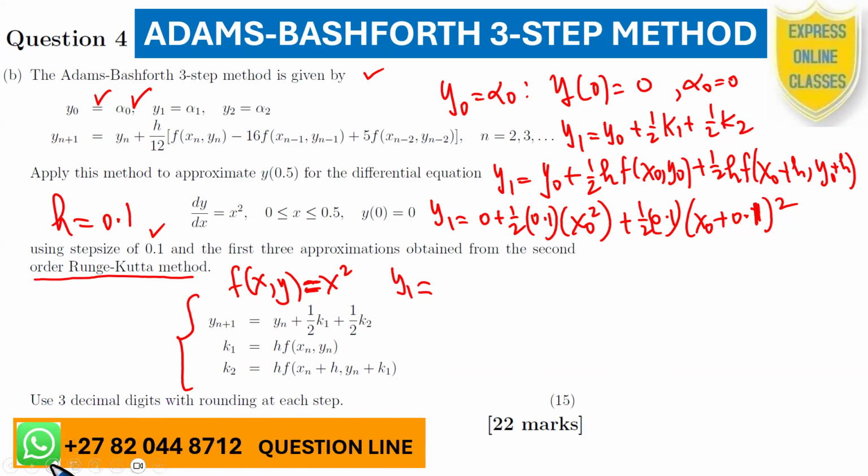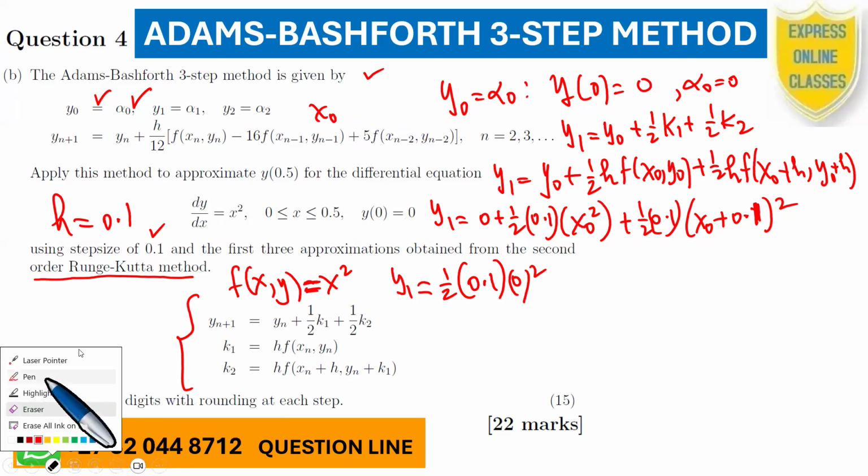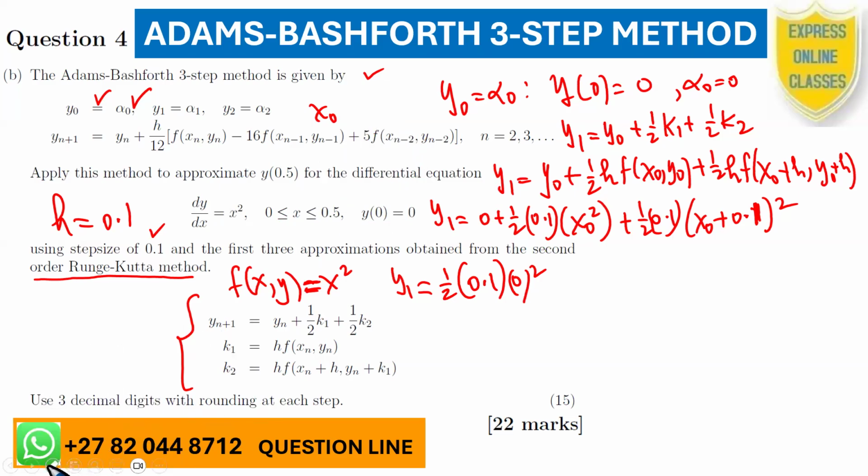Now at this point, what do you have here? You have 1/2 times 0.1. Then we have x0, and x0 is 0, so you have 0 squared. So we have that x0 is equal to 0.